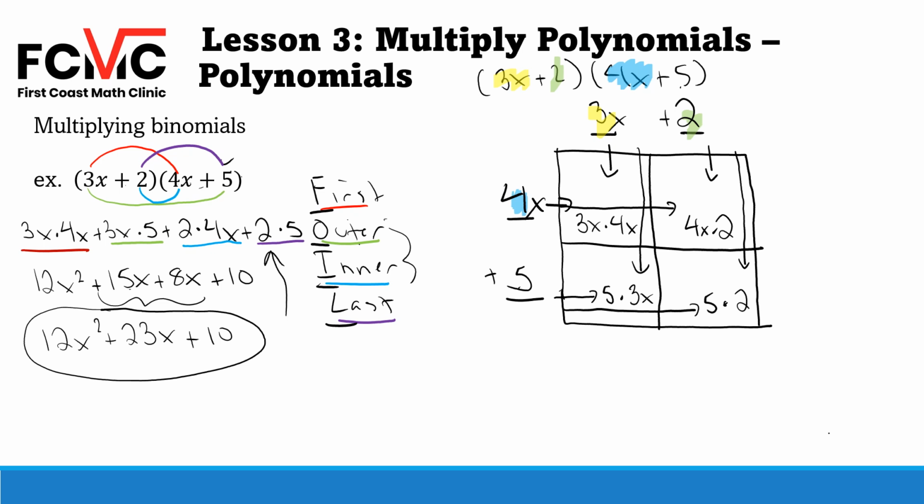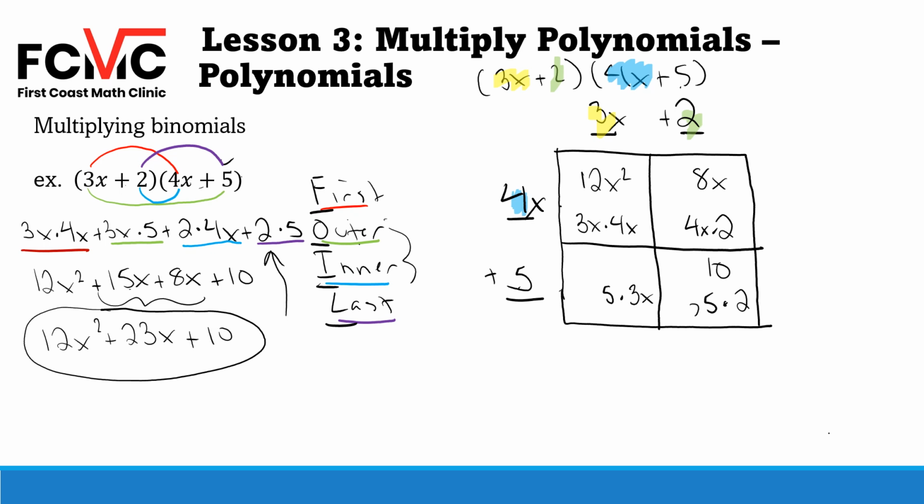So 3x times 4x is going to give us 12x squared. Let me get rid of these lines so it's a little bit easier to see. So this is going to be 12x squared. Four x times 2 is going to give me 8x. 5 times 2 is going to give me 10.